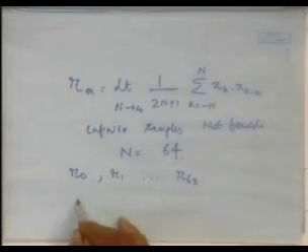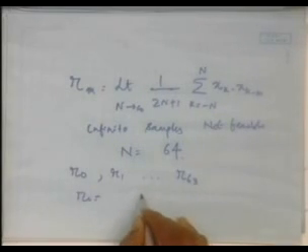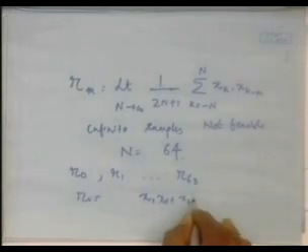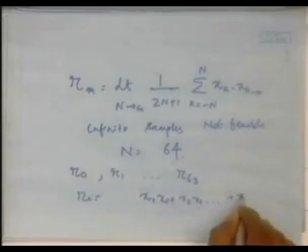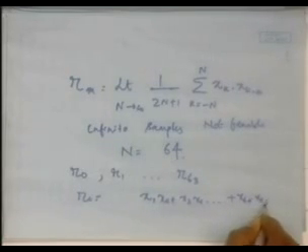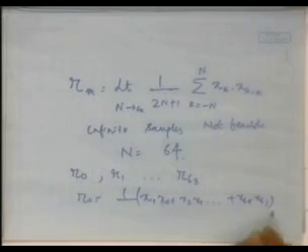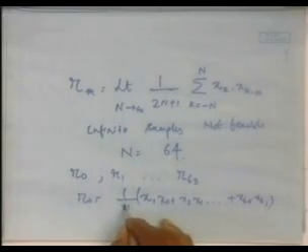Because how to calculate R1? You will calculate x1 into x0 plus x2 into x1 up to x64 into x63, divided by the number of terms, whatever the number is.